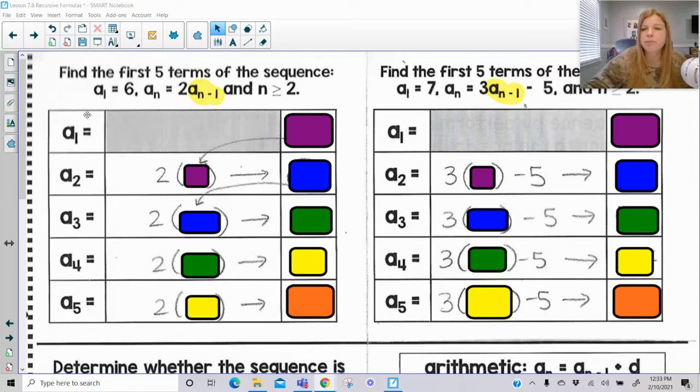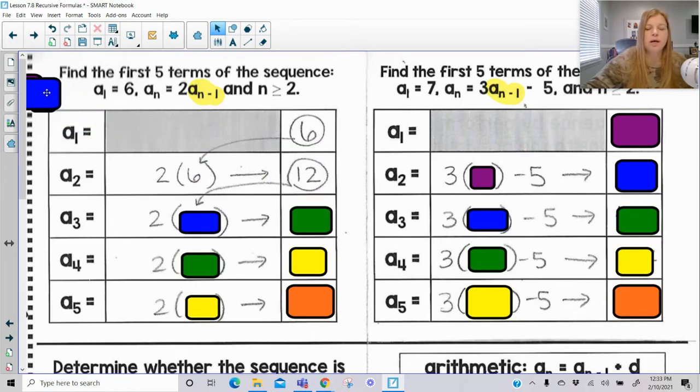So first off, I'm told what a sub 1 is. A sub 1 is 6. But now what I have to do to find the next term in the sequence is 2 times whatever that previous term is. So where you see this entire highlighted yellow, that's where I plug in my 6. And so 2 times 6 is 12.